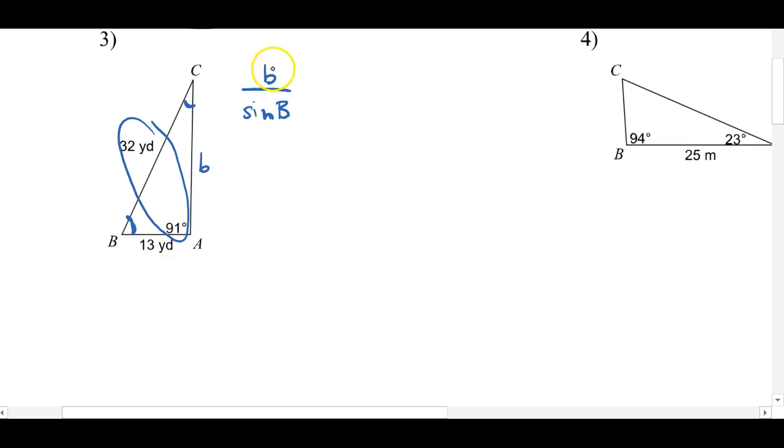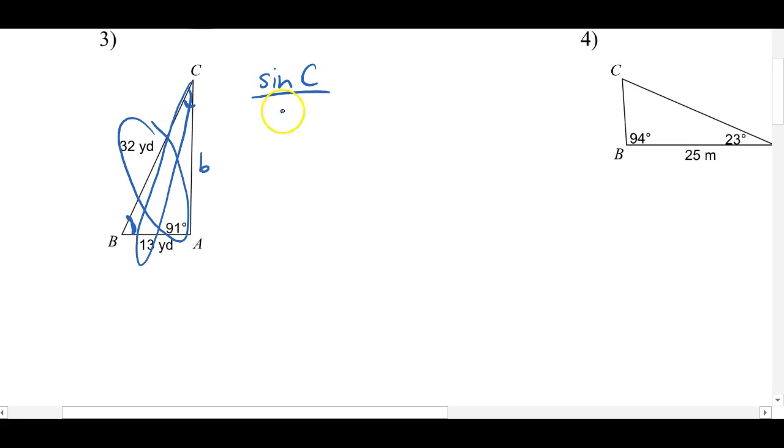The only other piece of information I do know is this 13. So in this case, it looks like I'll have to find the angle C, because I have angle C and its opposite side. That's the only one I can look for first.